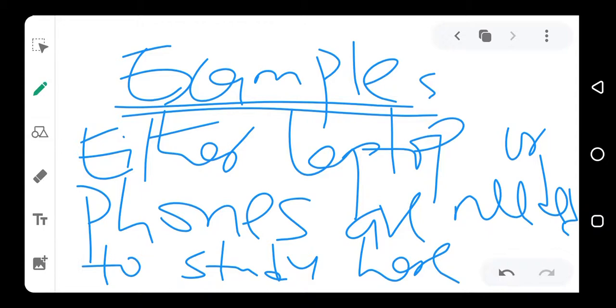The closest subject to the verb is plural, that is phones. So it needs a plural verb, which is "are". Either laptop or phones are needed to study here.